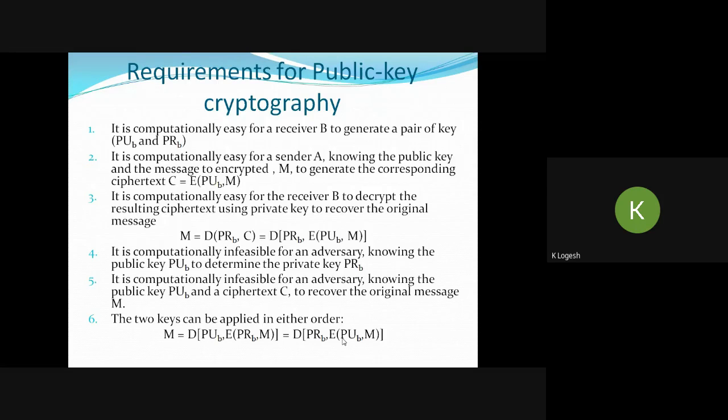What is the third? It is computationally easy for the receiver B to decrypt the resulting ciphertext using the private key to recover the original message. Until the second point, the sender prepared the message and the encrypted message; the final message C is ready. Now the ciphertext is with the receiver.